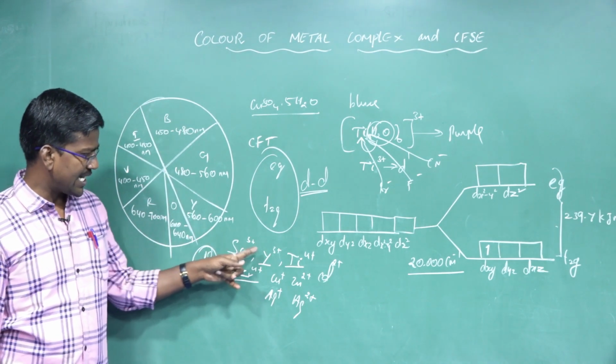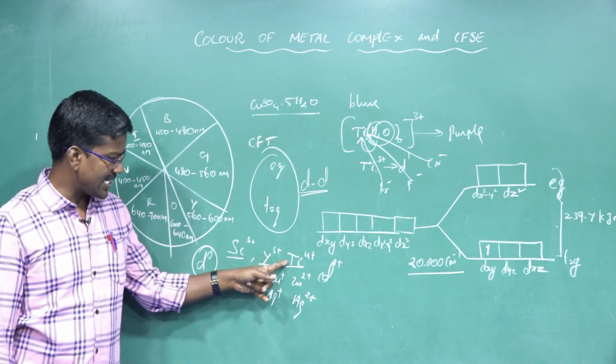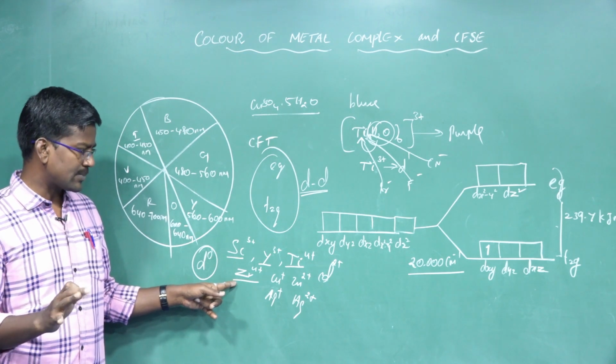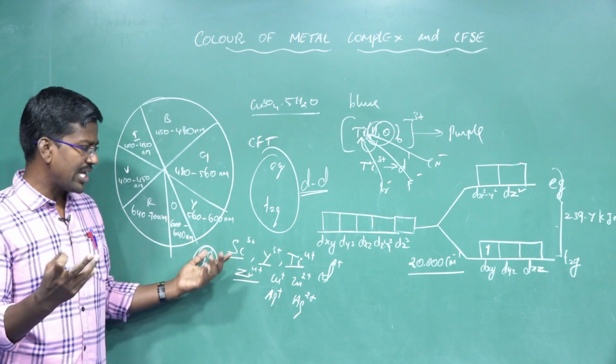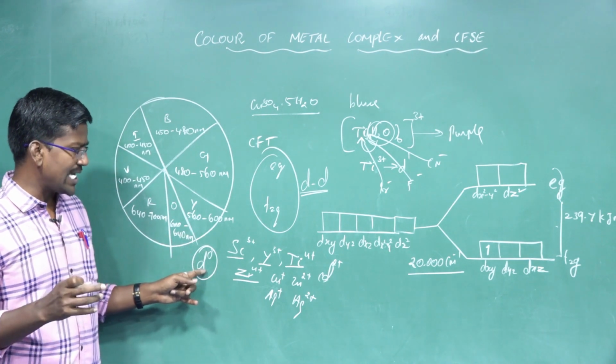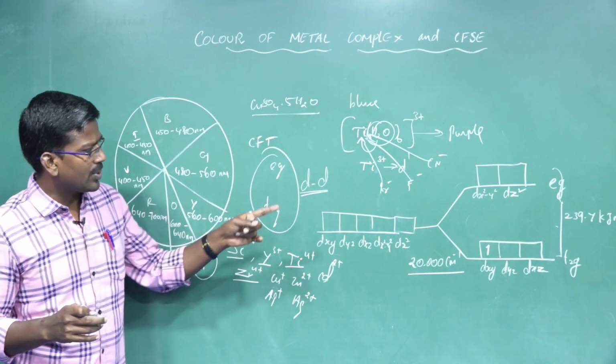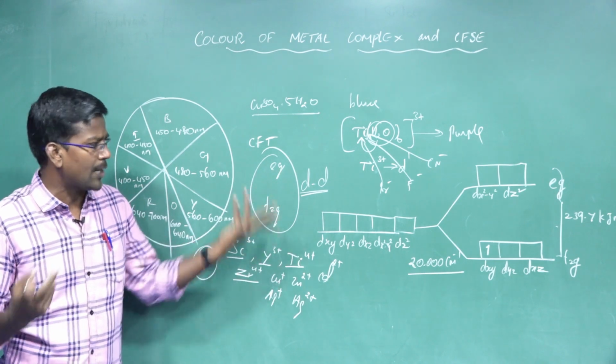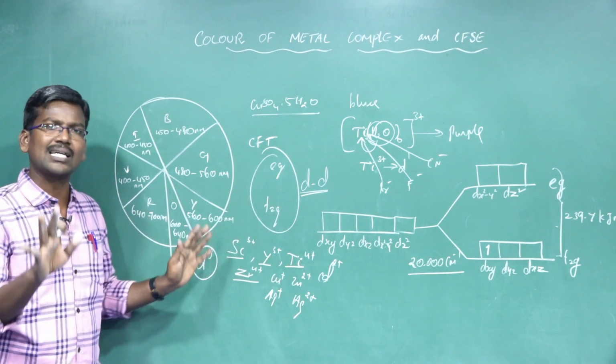Scandium 3 plus, yttrium 3 plus, titanium 4 plus, and zirconium 4 plus are colorless because there is no unpaired electron, no d electron in the d subshell. That's why excitation of an electron from the t2g energy level to eg is not possible, and the complexes are colorless.